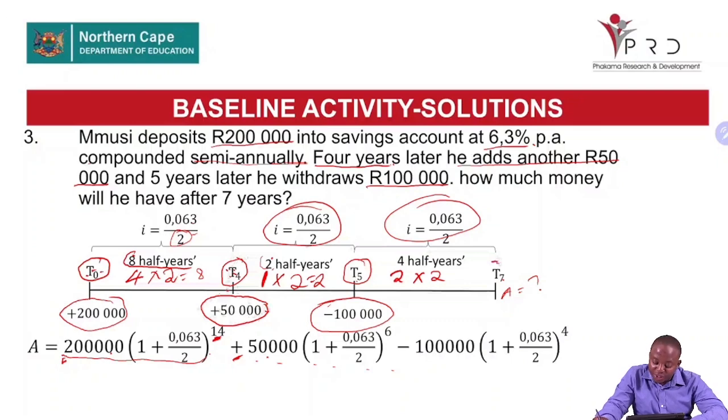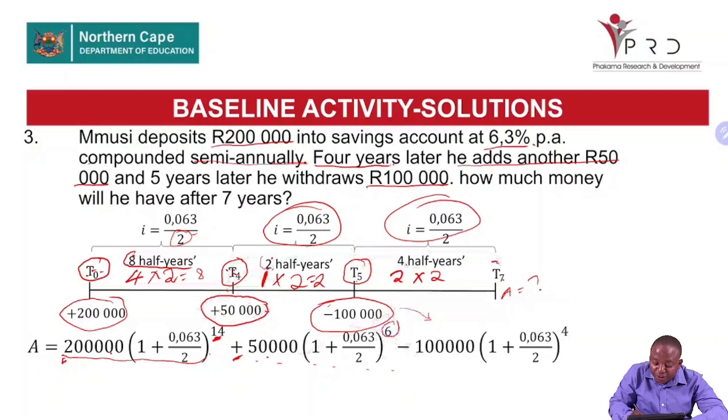So from T4, it is 2 plus 4, which is 6. So it will receive interest 6 times. Right. Then we proceed. There is another disturbance, and we'll account for it. The other disturbance is the 100,000. There was a withdrawal made. So when we make a withdrawal, we are removing money out of the account.